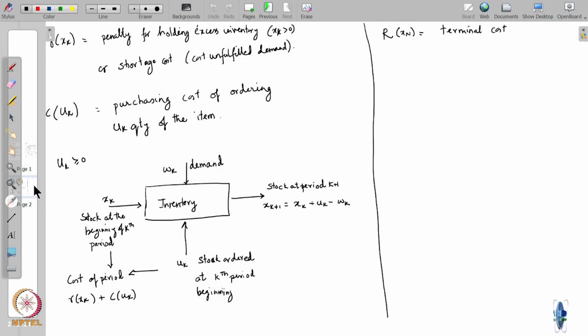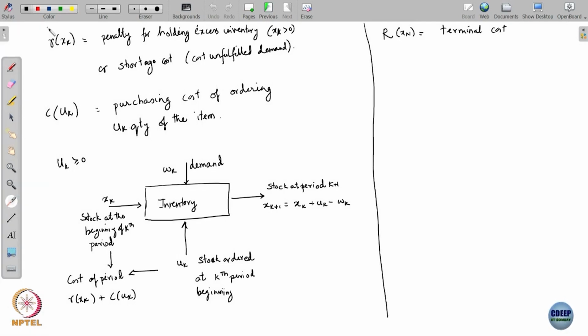That is what we call the terminal cost. Our total cost then comes up as a sum total of 3 terms: the cost for holding and the cost of purchase, and these two cost terms apply at every time instant.